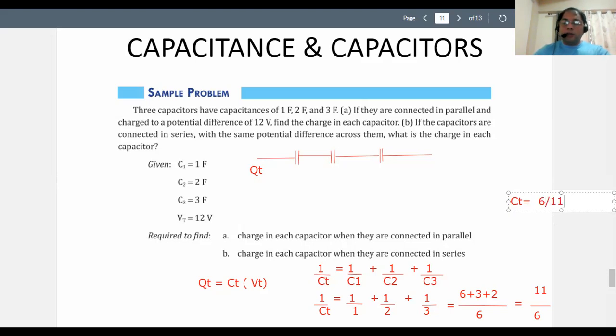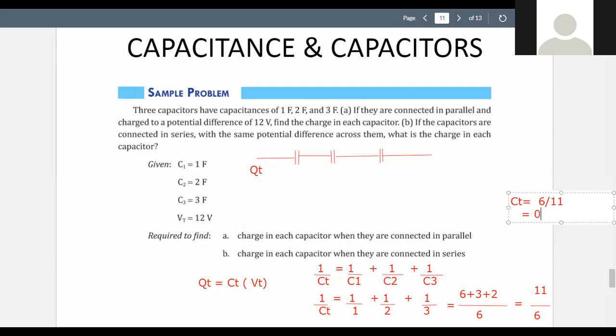You'll notice that your C sub T becomes a small value, a decimal value. Can you give me 2 decimal places for C sub T? So our C sub T is 0.55, sir. So we have 0.55 farad for our total capacitance.